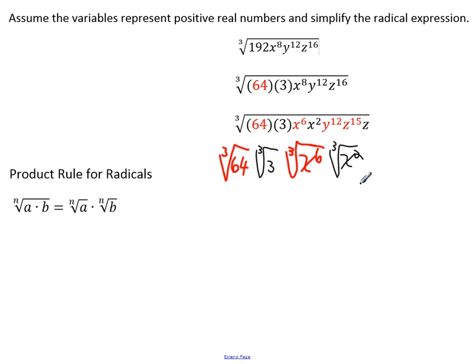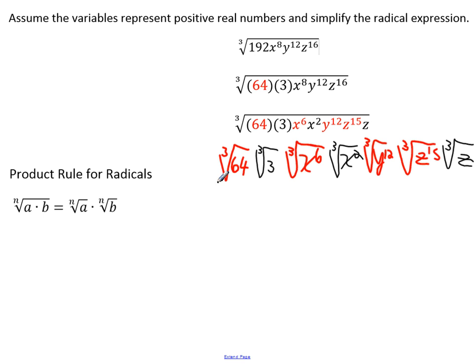That one I'm kind of fuzzy on also. Next is the cube root of y to the 12th. I know that one too. And then the cube root of z to the 15th. And lastly, we'll have the cube root of z.